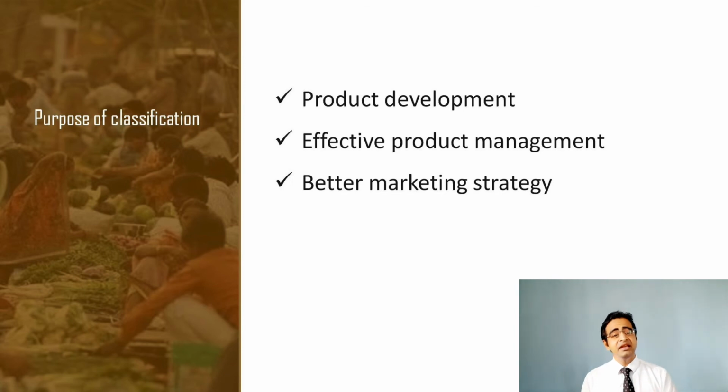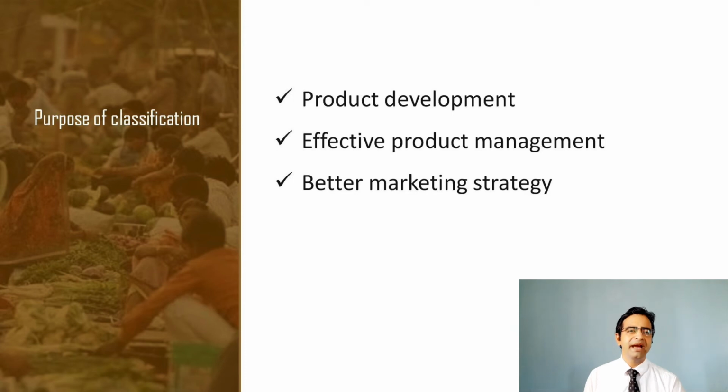The second is effective product management. If we see that this product is falling under this category, just to take an example of products in the rural market, if I see that larger sizes are not easily sold in the rural market, I will make some kind of product change in the present product.